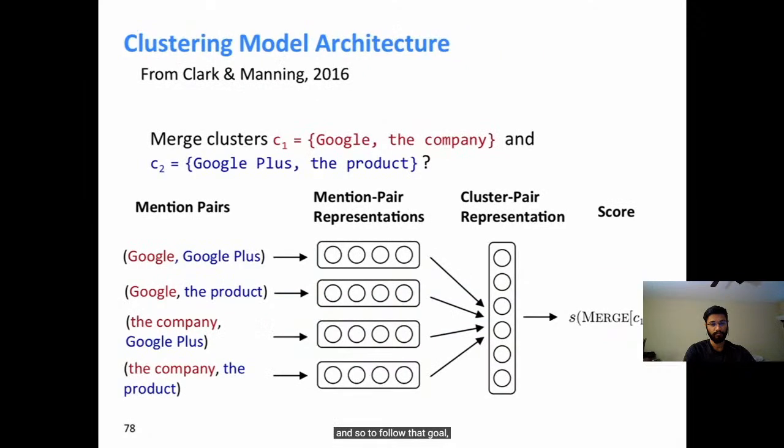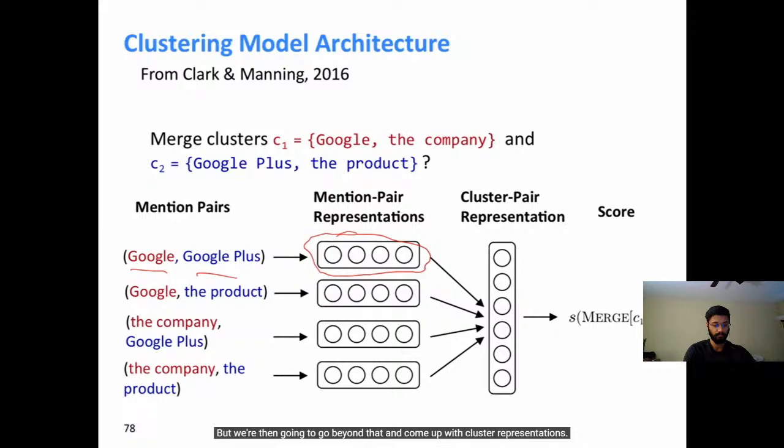And to follow that goal, the kind of models people build, and this was actually a model that Kevin Clark, one of the PhD students here, and I did a couple of years ago. The idea was that we're initially going to consider mention pairs and build some kind of distributed mention pair representation, similar to what we were doing with the previous models.